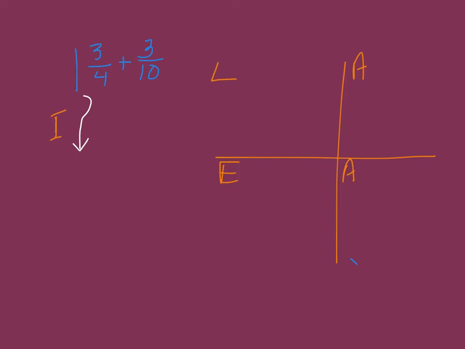Well, we can, but it makes our lives a whole lot easier if we change those mixed numbers to improper fractions. So to do that, I know I go right around. 4 times 1 is 4, plus 3 more gives me 7/4, and this is all set, so it's plus 3/10.